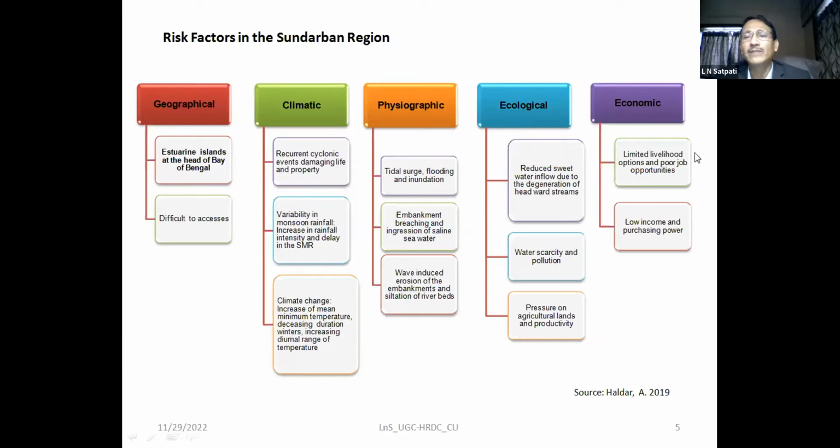Then in terms of economy, definitely the agricultural change has already been noticed with the diminishing return in the aquaculture, particularly in the commercial aquaculture we have already found, and a new kind of aquaculture has been introduced there, we call it Vannamei.